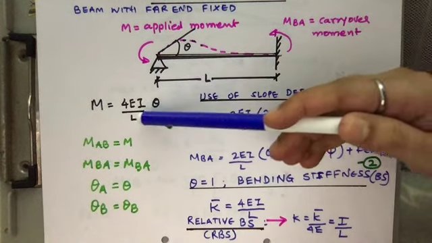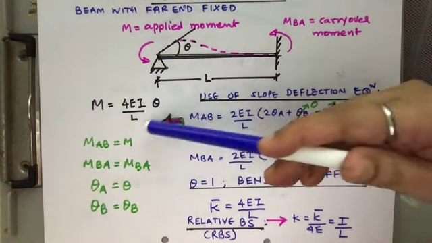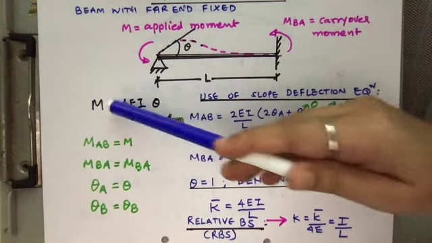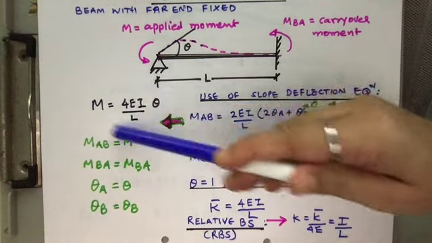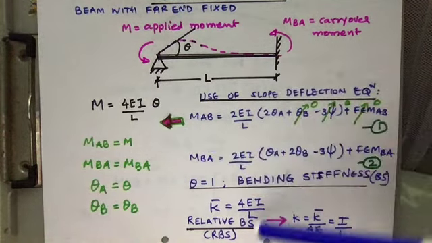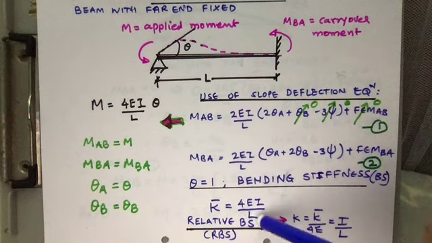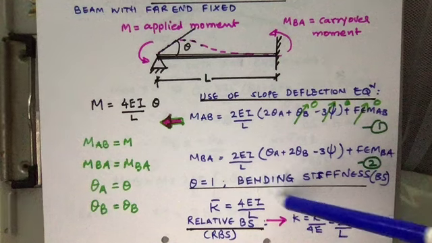So to get the stiffness from this equation, you know that you have to apply unit rotation. The stiffness of this particular beam is 4EI by L, which is called the bending stiffness.